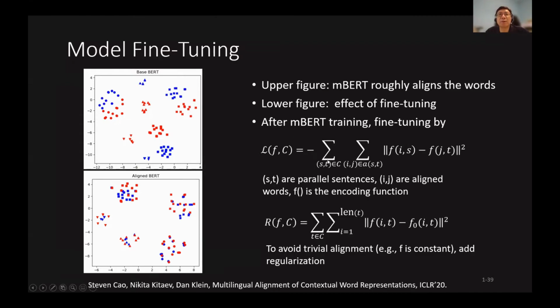Then through this minimization process, also called the fine-tuning process, the distance becomes much smaller. And one detail here is that in order to avoid a trivial alignment, for example, the encoding function F always outputting constant vectors, the authors added a regularization factor, which requires the change to the original encoding from the base MBERT to also be minimized.